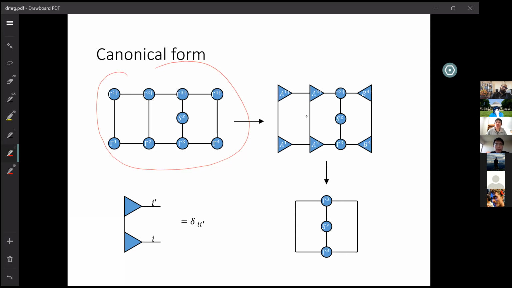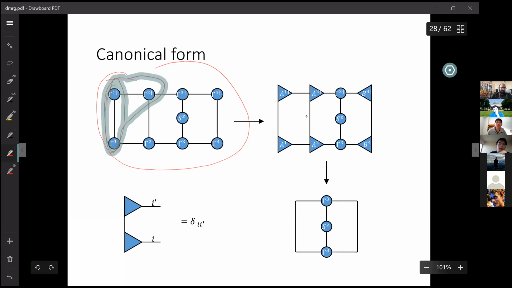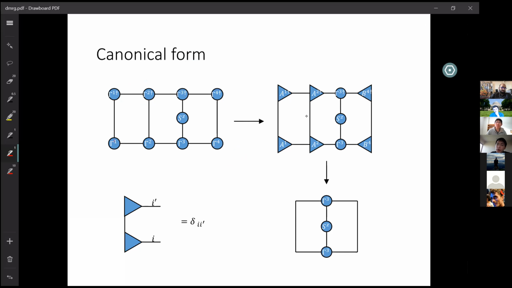To do this contraction, we need to do it site by site. We first contract these 2 tensors and then contract this big tensor with the tensor next to it, and go on. When the system is very large, it can take a very long time. So what if I can put this matrix product state into this canonical form?